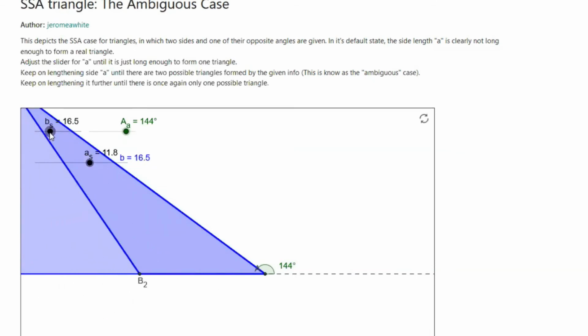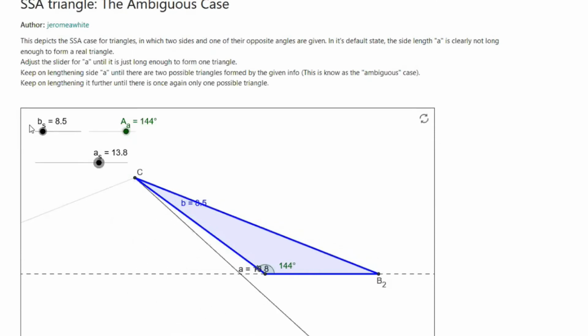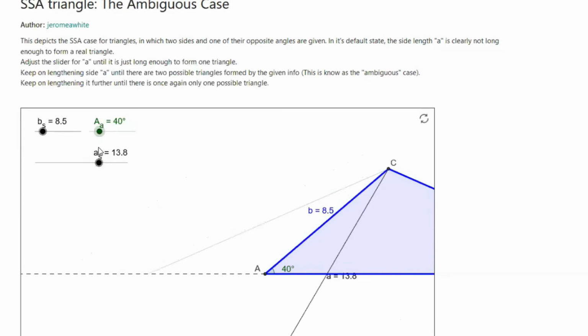So if the angle is bigger than 90, then this side has to be longer than the other one. Okay. All right. But the ambiguous case, there's only one triangle here that works. The ambiguous case is specifically when the angle is smaller than 90.